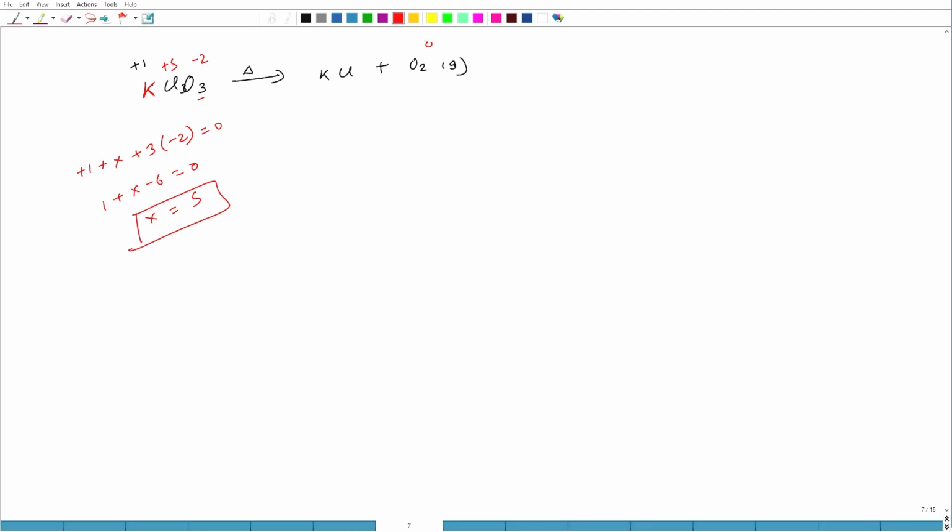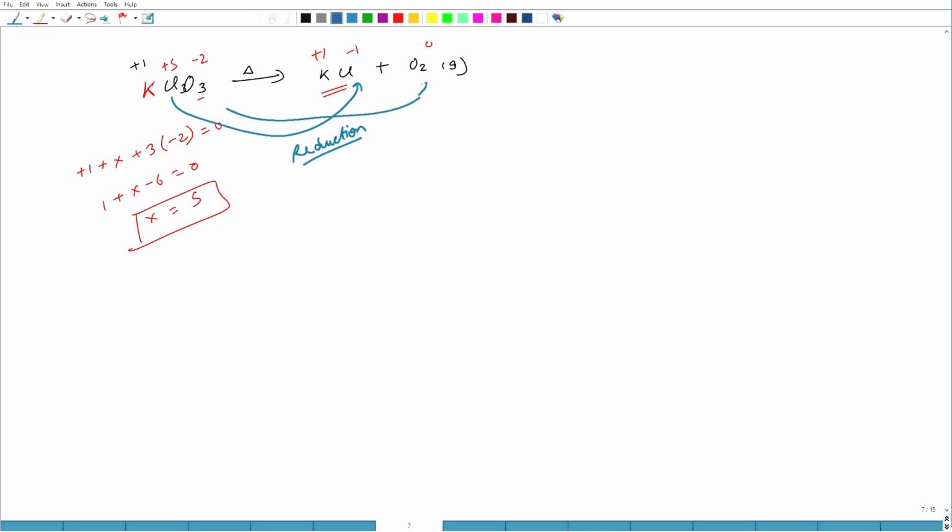In O2, oxygen has an oxidation number of 0, and in KCl it is +1 and -1, right. Now, you see chlorine has an oxidation number of +5 on the reactant side, whereas it goes to -1 in the product. It means a decrease in oxidation number, reduction. Potassium has the same oxidation number, +1 and +1, on both sides, so it is not undergoing any redox change, whereas oxygen going from -2 to 0 is oxidation.